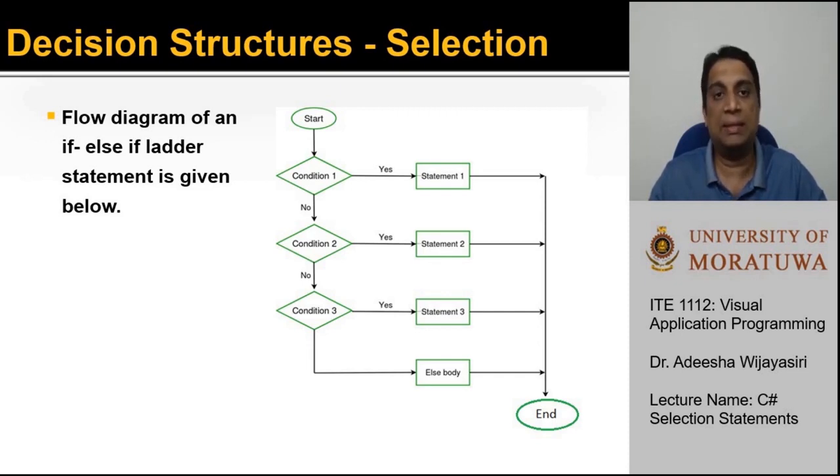If not, then the second if condition will be evaluated, and if it is true, then block of statements for the second if clause will be evaluated. This process will continue, and if none of the conditions evaluates to true, then last clause will be executed.